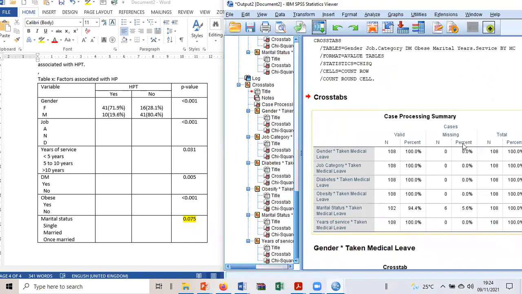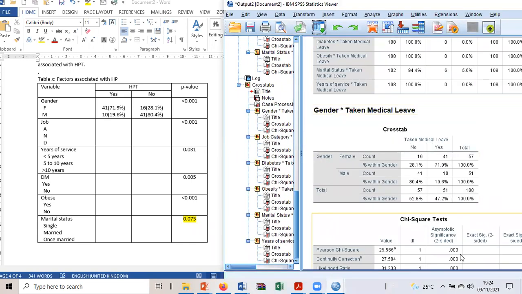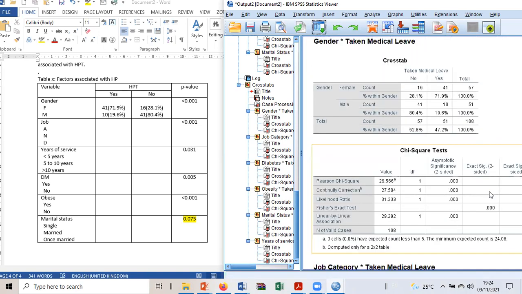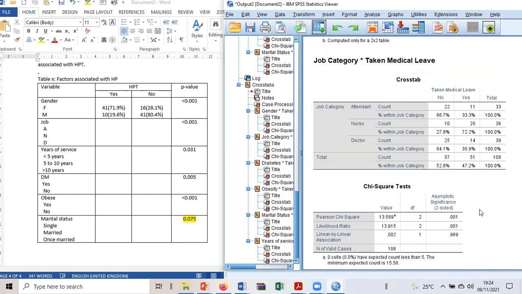So who takes more MC? Gender, is it significant? Yes. So who takes more MC? Male? Check again. Sorry, female, 71%. Male, only 19%. Female gender.